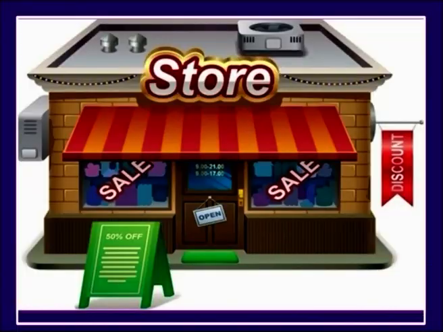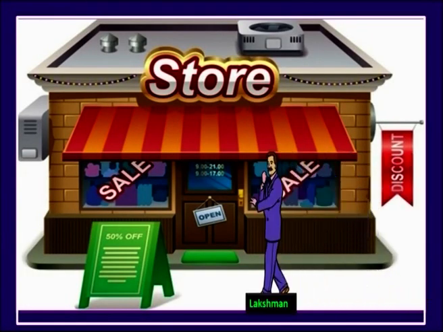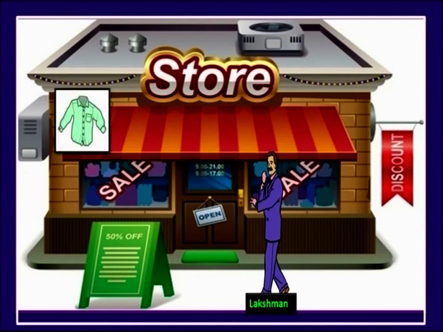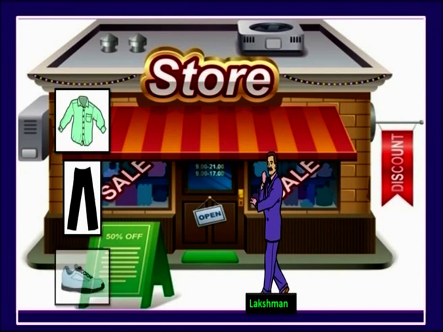So children, you can see a store on your screen. So meet Mr. Lakshman. He has come to buy some items in the store. That is, he wanted to purchase a shirt, a trouser and also a pair of shoes.